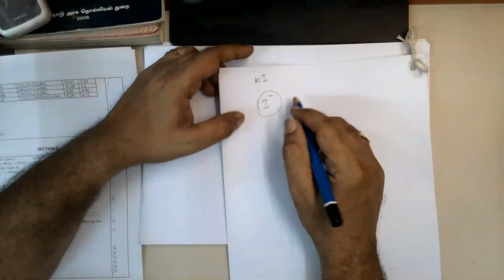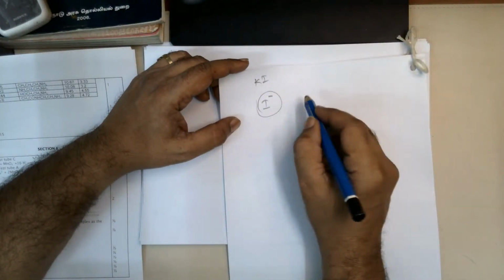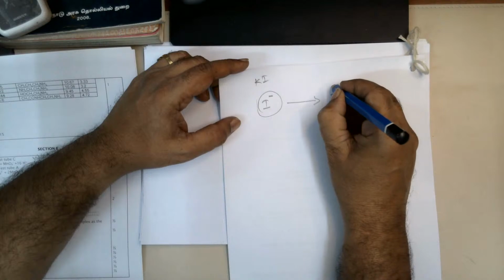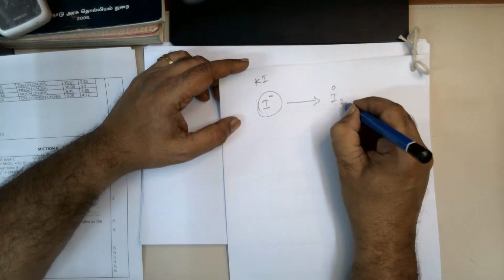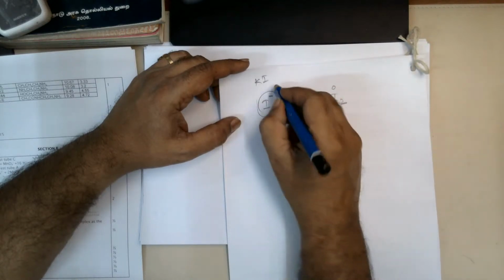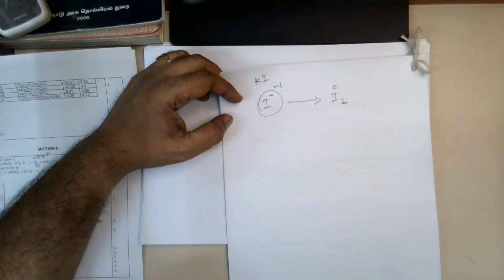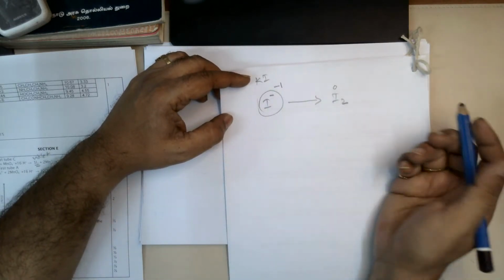Are you able to see on the screen? Right. So this iodide becomes what? Iodine. Iodine as a molecule has zero oxidation state, whereas this is -1. Do you understand? So -1 becomes 0.